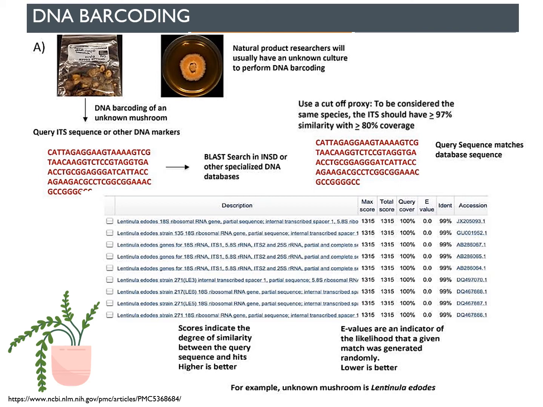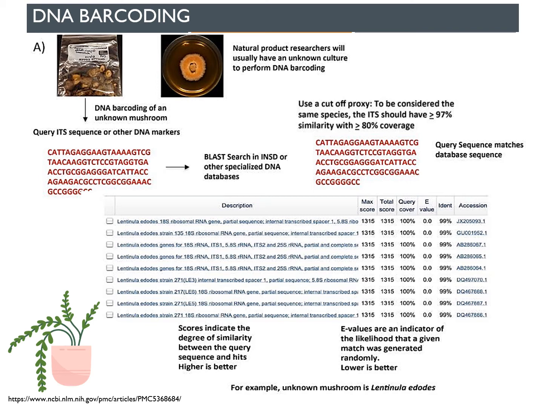After you do PCR amplification, you will get the region of the ITS sequence in this case, and then you will need to do the BLAST search in the International Sequence Database or other specialized DNA databases.